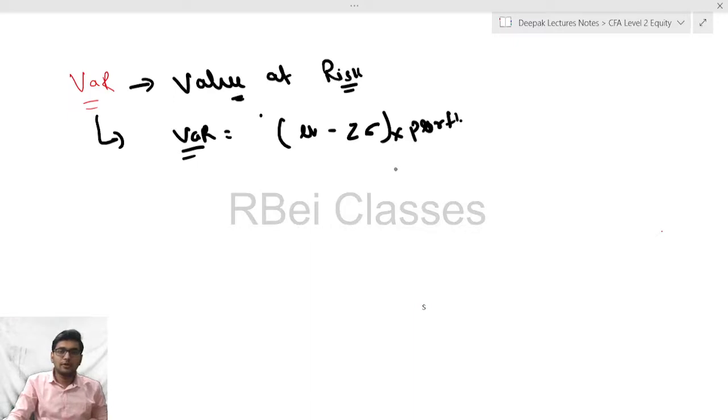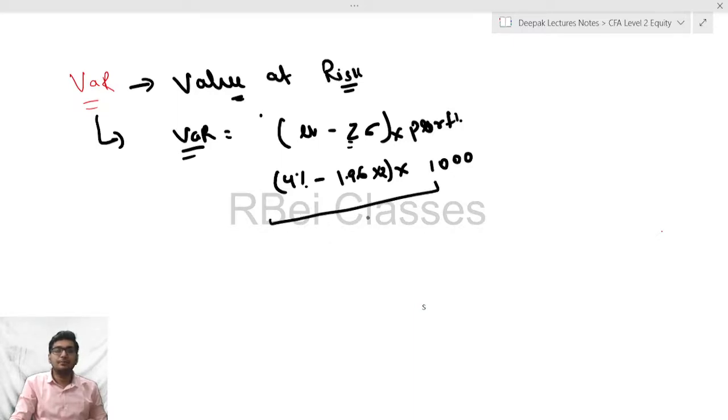Suppose your portfolio value is 1000 and suppose your mu is 4%, and you are calculating it for a 95% confidence interval. So z is 1.96, and suppose sigma is 2. Clear? So in this way you can find the VAR. You just need to solve the equation to find the value of the VAR.